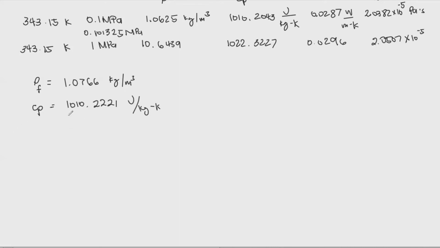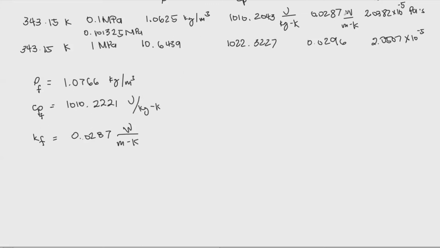So let's move on with our thermal conductivity at the film temperature. At the film temperature, the value of our thermal conductivity is 0.0287, and the unit is watt per meter Kelvin. As you can see, it's the same as for 0.1 megapascal. There's not much difference, since the values are quite close.